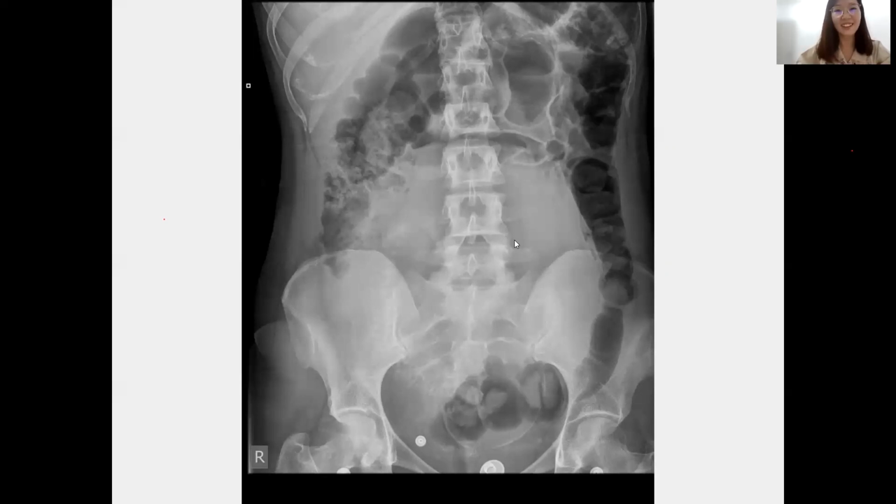It happens. So always remember when we request an X-ray, ask the LMP. Must always ask the LMP. If there's no LMP, must always check the UPT. I don't care how old the girl is. Sometimes they won't tell the truth. Sometimes they say their period is not regular, then we don't ask further.